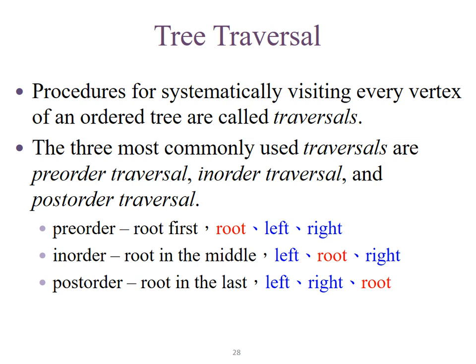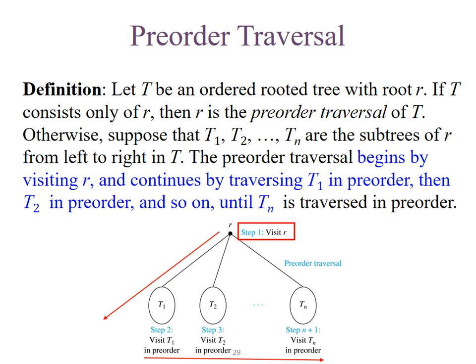Let's see the traversal algorithm. Okay, the definition of pre-order traversal: if we have T as our ordered rooted tree with the root R, and if we have only the root vertex, then the traversal will contain only R as our pre-order traversal result. Otherwise, if the root has a number of subtrees, then we have T1, T2, to Tn for our subtrees from left to right.